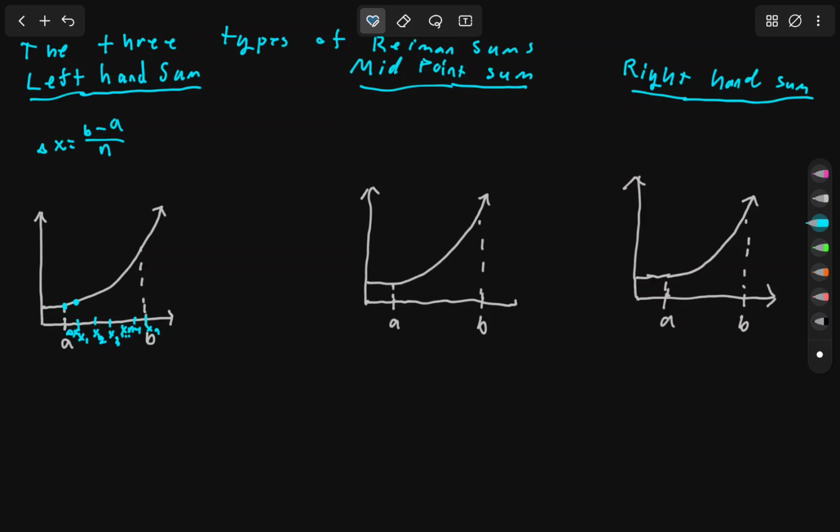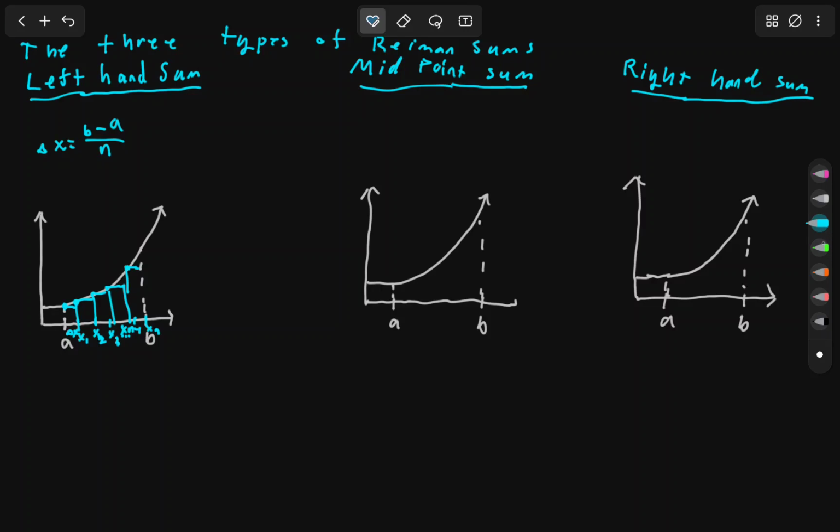That's going to give us our change in x. So we multiply the value of f(x) at the left endpoints by these changes in x, and that's going to look something like this. You'll notice there's a very small bit of area left out from these curves.